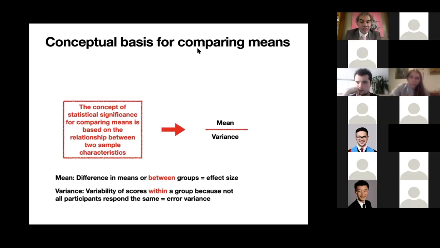And why is this? Why do groups have variability? Because not all participants respond the same. So this variability within the group will be my error variance.